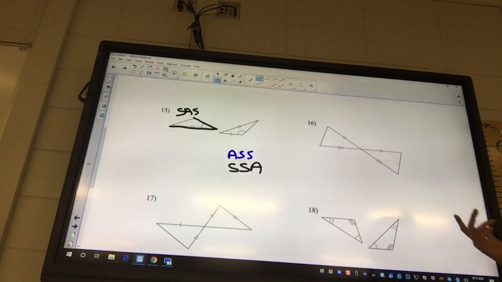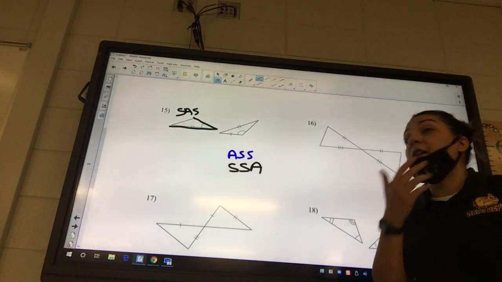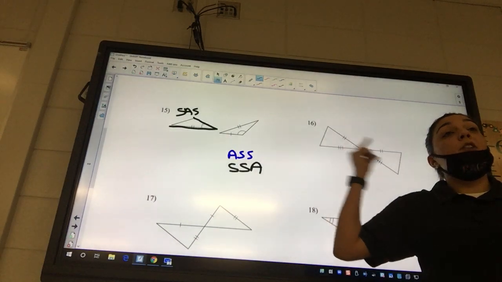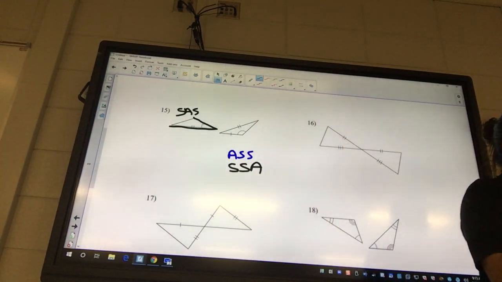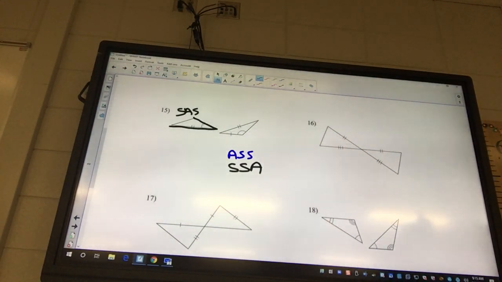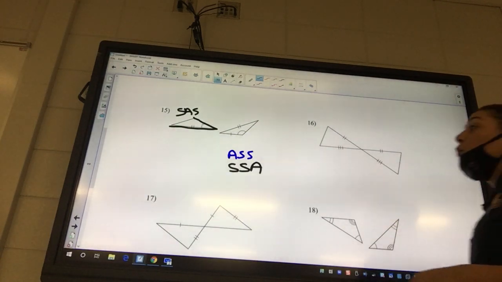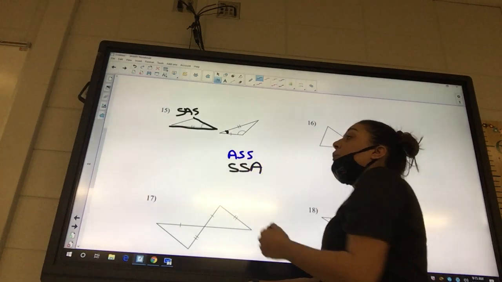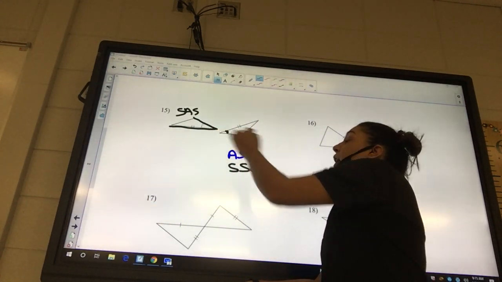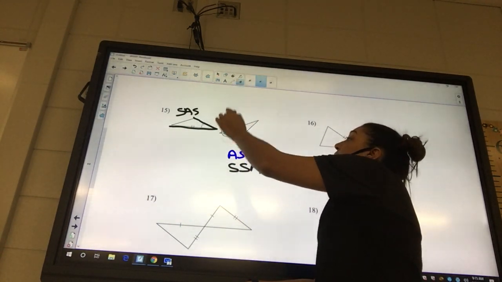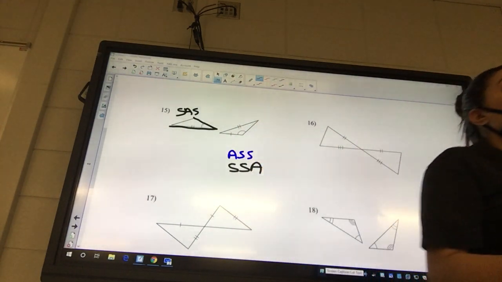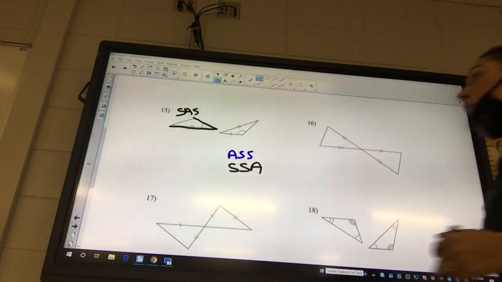And this is one of the ones that some of you guys got wrong the other day, you need to pay attention to both triangles. Because just because it works for one triangle does not mean it's going to work for the other triangle. It would work if the angle was right here, because we would have side, angle, side. But in this case, the only angle is not in between those 2 sides, and so it's not going to work. Okay?